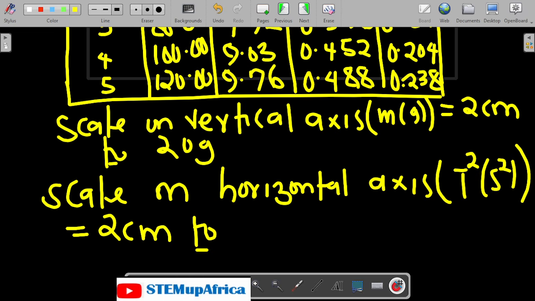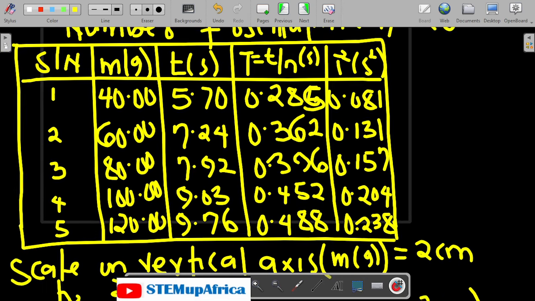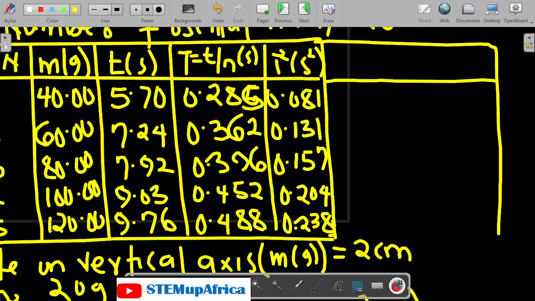Now if you look at the values we have on the horizontal axis, we have 0.081. So for easy calibration, I will convert these numbers to standard form. Although you can still plot like that, I prefer it this way.